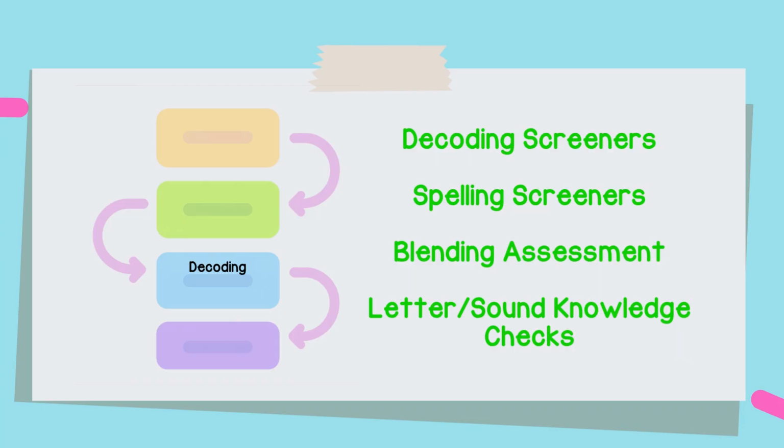Another assessment is the blending assessment. And I have this assessment in my Teachers Pay Teachers store. The blending assessment is especially powerful because it measures what students can blend independently, not just what they can do when you feed them sounds.